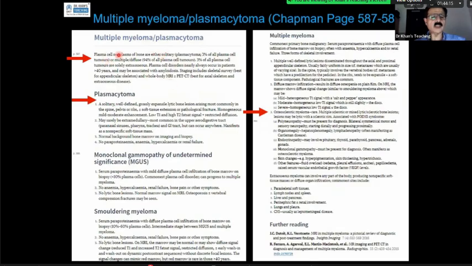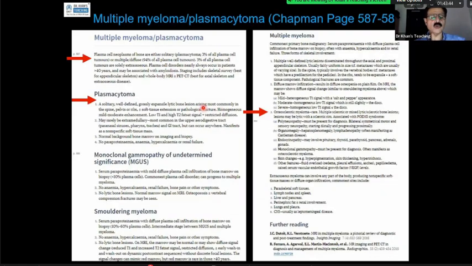Now, look at this. I'm just going to read this for you. Plasma cell neoplasms of bone are either solitary, plasmacytomas, 3% of all plasma cell tumors, or multiple and diffuse, 94%. Another 3% of all plasma cell tumors are solely extraosseous. They always occur in those more than 40 years of age and are usually associated with amyloidosis.